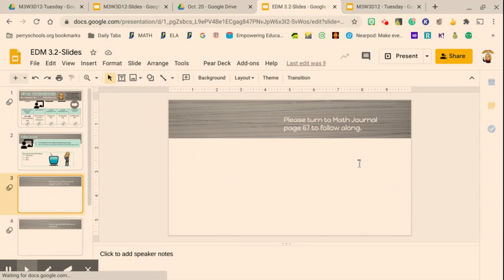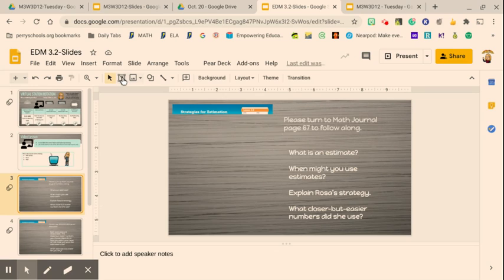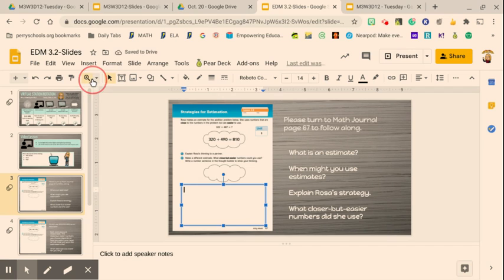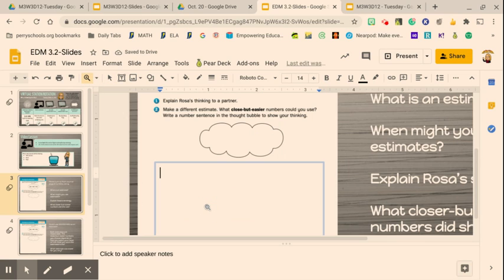So as I'm looking at this, one of the things that I said is that she rounded, or she found that 320 is close to 322. So I'm going to make a text box and I'm going to zoom in so you guys can see a little bit better.